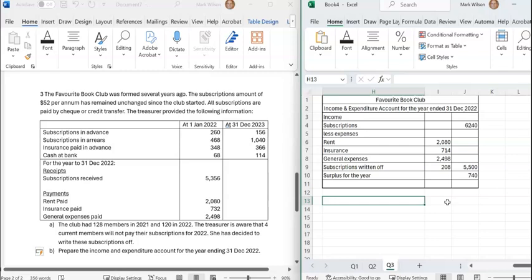So again, you get a mark for making a recommendation. So recommendation, easiest mark you can get. No, don't increase subscriptions.